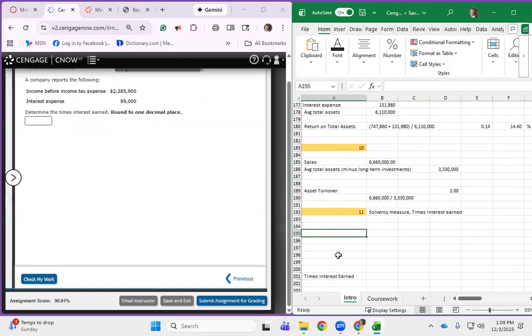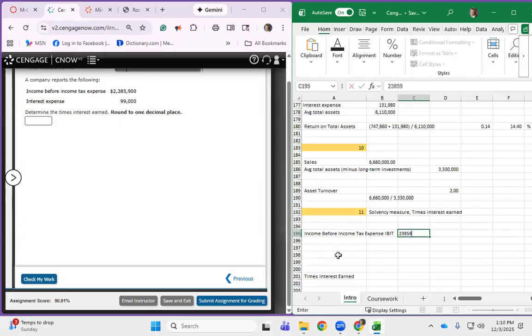Okay, so I want to put in the income before income tax expense. There's actually an acronym that's used for this, IBIT, income before income tax. That's what accountants tend to use when that's the number they're looking for.